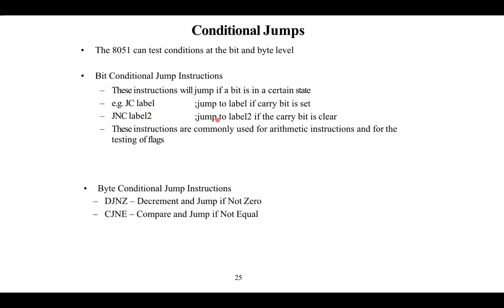JNC label2: jump to label2 if the carry bit is clear. These instructions are commonly used for arithmetic instructions and for testing flags. Byte conditional jump instructions: DJNZ, decrement and jump if not 0, and CJNE, compare and jump if not equal.